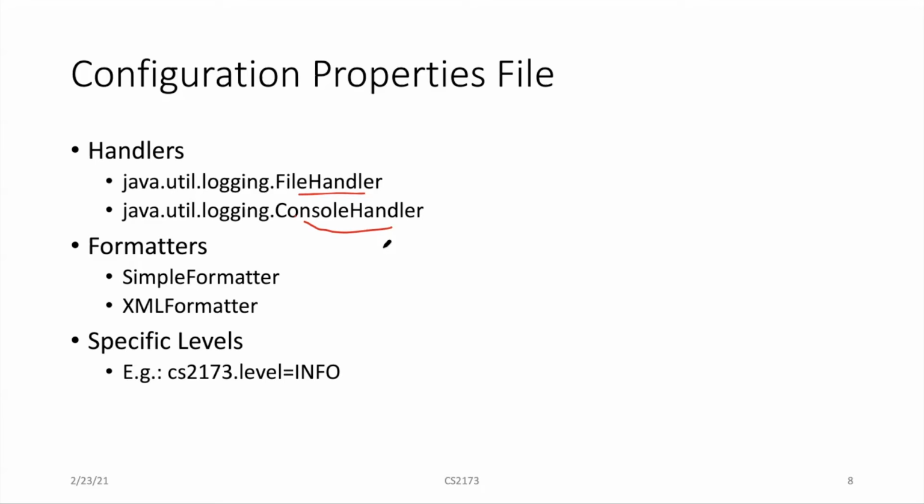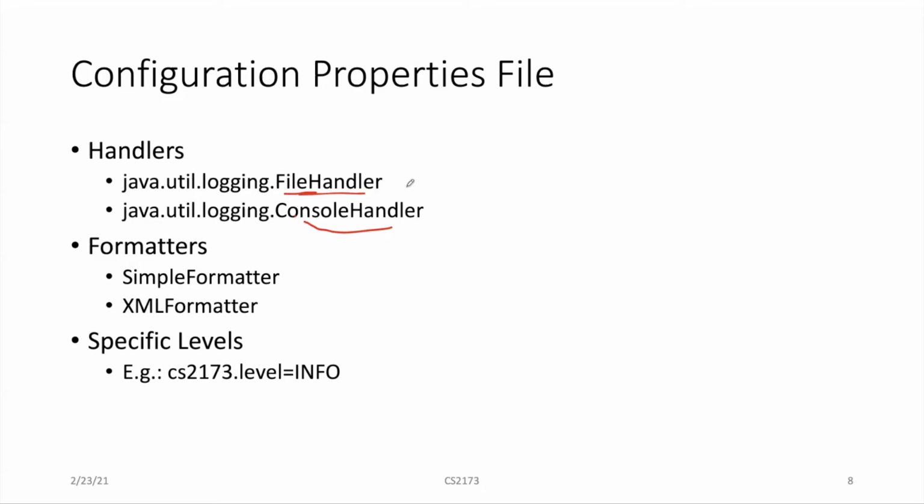The advantage of that is that when we're running things, you may have noticed that whenever you run another program, it erases and then overwrites whatever was in the console previously. If we have a file handler, we can write it to a log file, and it has a nice way of rotating those files.